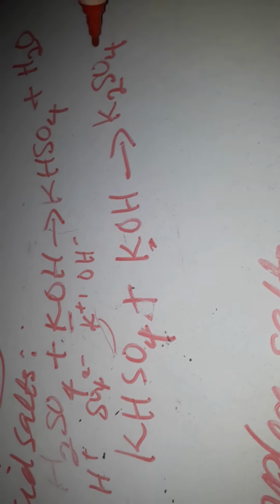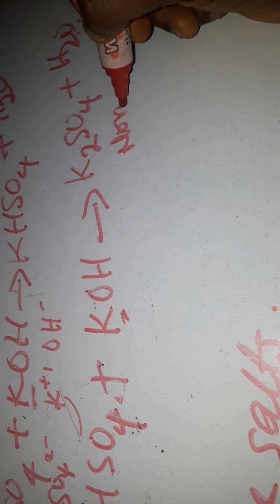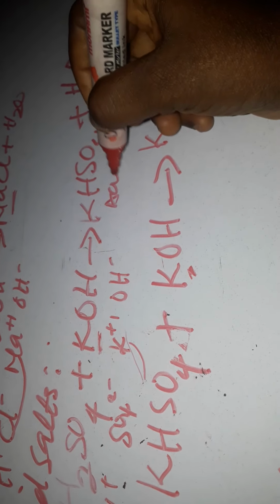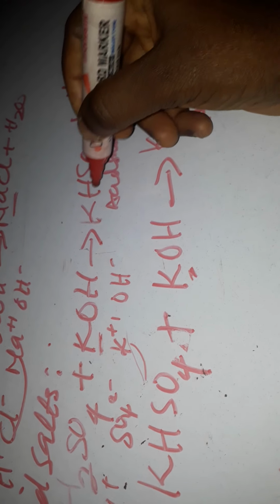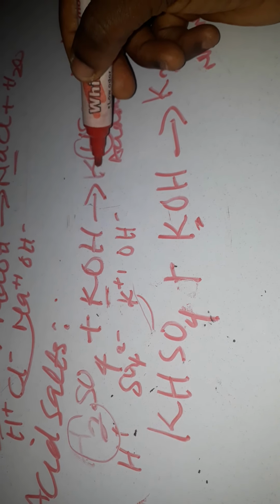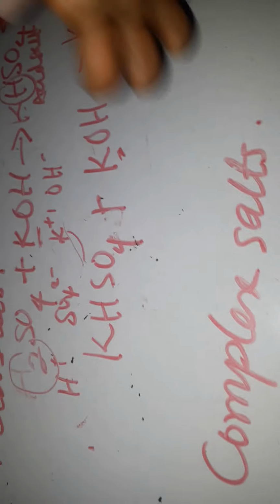We have K2SO4 and then HOH. So here, this is a normal salt, and here you have what? An acid salt, because of the presence of hydrogen. Out of the 2 hydrogen, only 1 hydrogen has been replaced by a metallic ion.